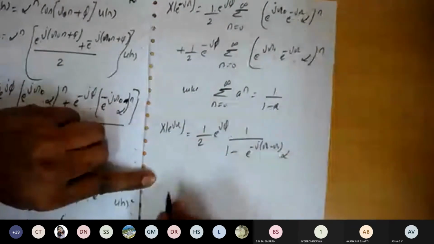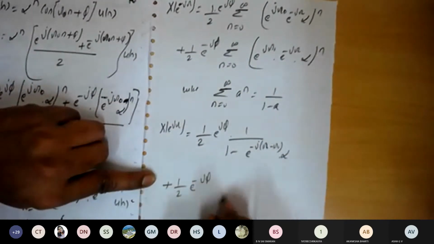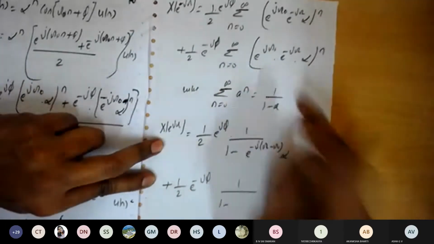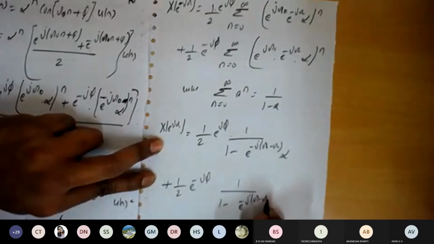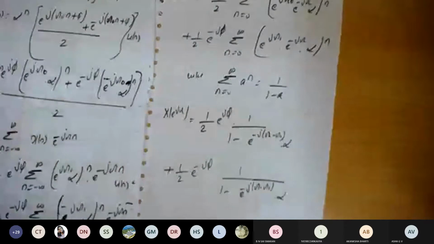Plus 1 by 2 into e to the power of minus j5 into 1 divided by 1 minus e to the power of minus j omega minus omega naught into alpha.